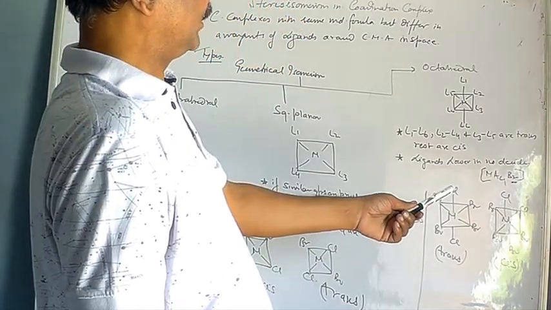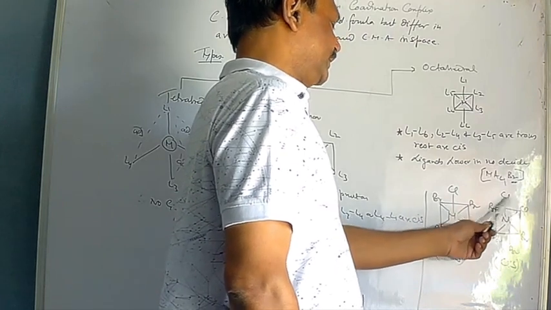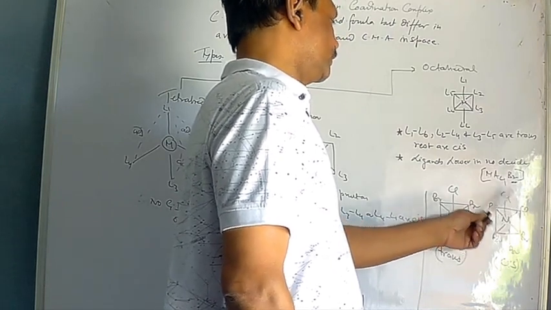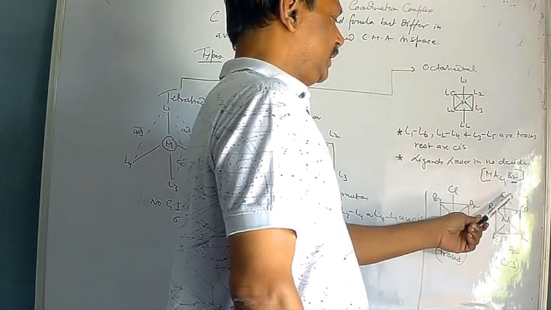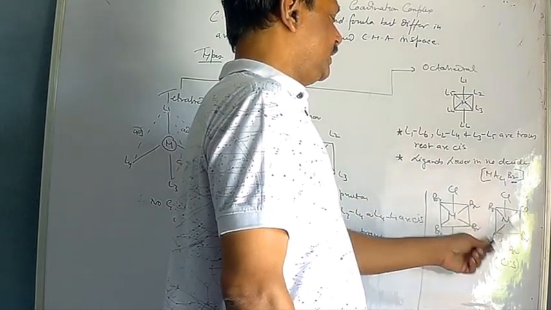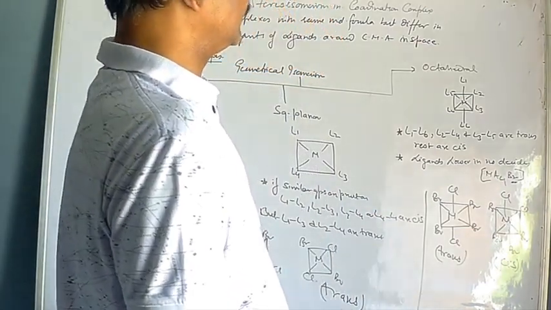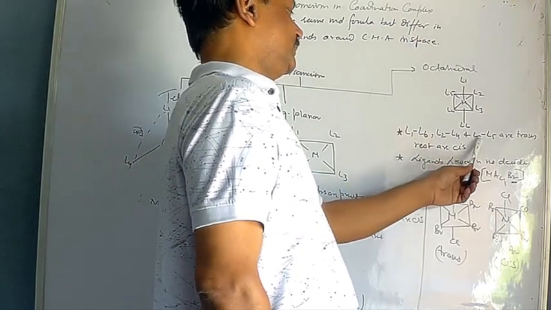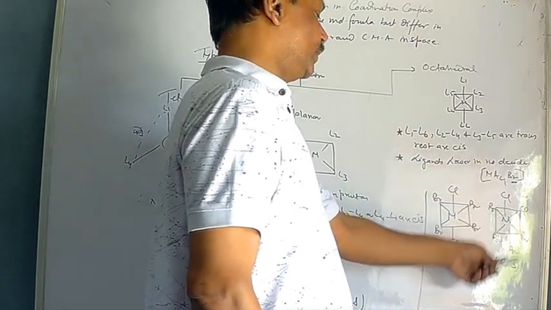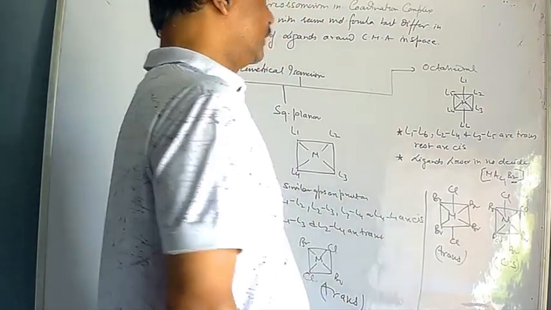Whereas in that case we find that two Cl are occupying adjacent positions, that is your cis positions, that's why we will call it cis. If Cl would have been here or here or here, it would have been called trans. But we find that these three positions are not there, L1, L6, L2, L4, L3, L5, so it will be simply called cis. So this one is called trans and this one is called cis.